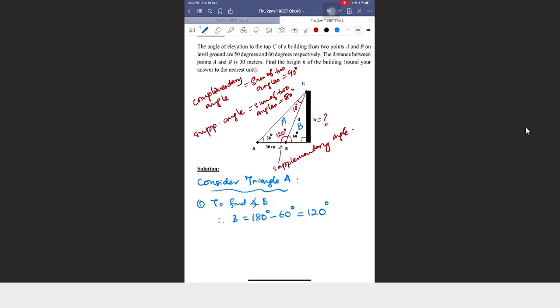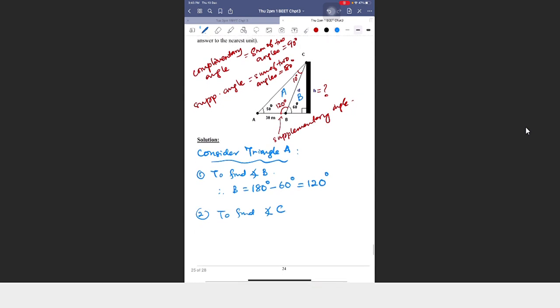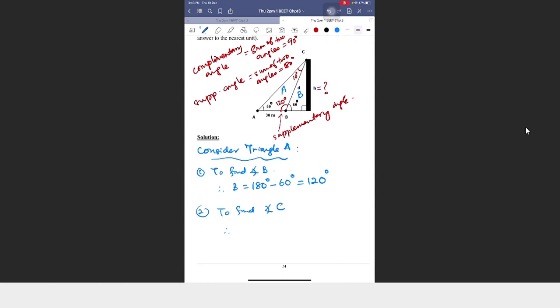So that is our B. Then to find angle C in our triangle A, our C will be 180 degrees, subtract 120, subtract 50 degrees. That means in this case it is 10 degrees.